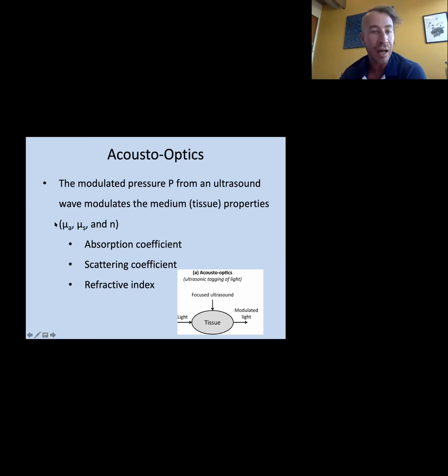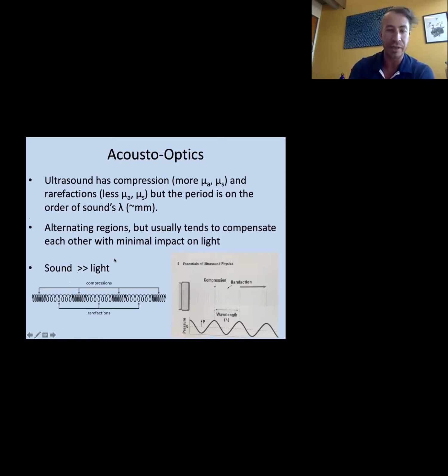Well, believe it or not, you're actually changing the absorption coefficient, the scattering coefficient, and the refractive index, okay? So that's kind of cool. You're probably not changing it a lot, but you are, as you get these areas of compression and rarefaction as this sound wave propagates through tissues. This is just showing the same thing in a different way.